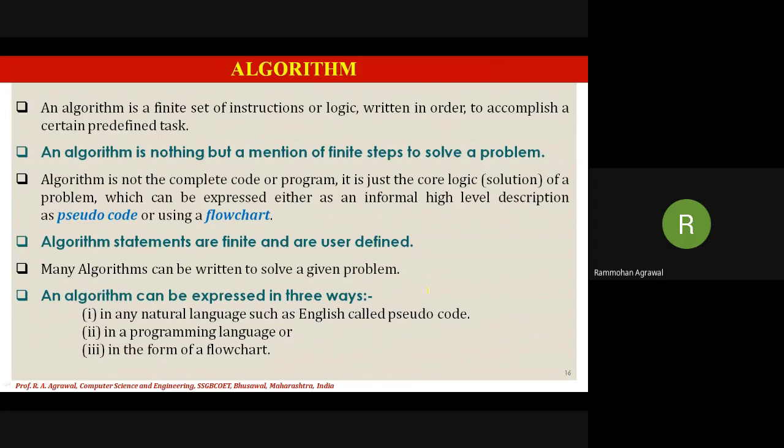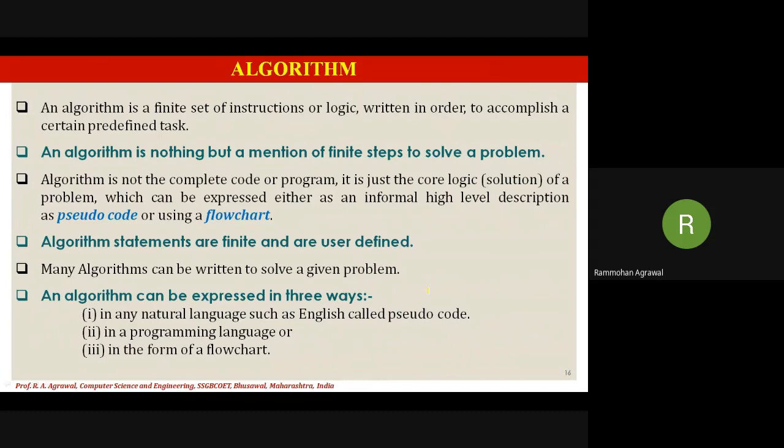Suppose I give you a task to calculate the area of a circle, and I tell you to write an algorithm that will calculate the area of a circle. If I give this task to n number of students, every student will write in their own way.